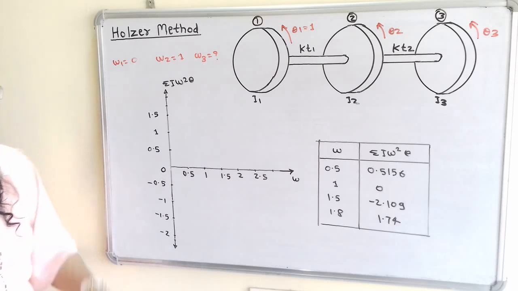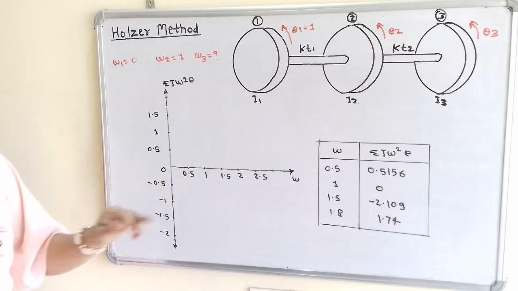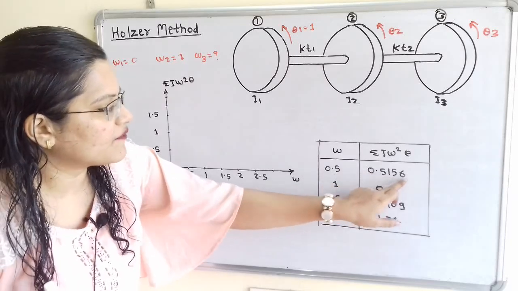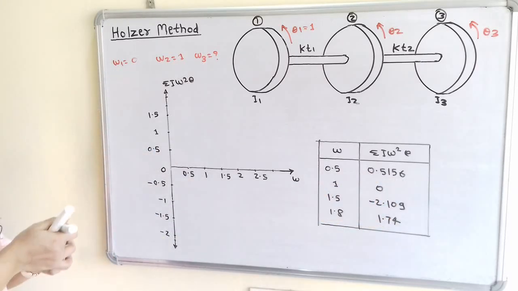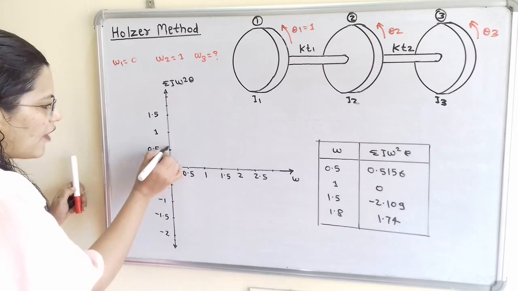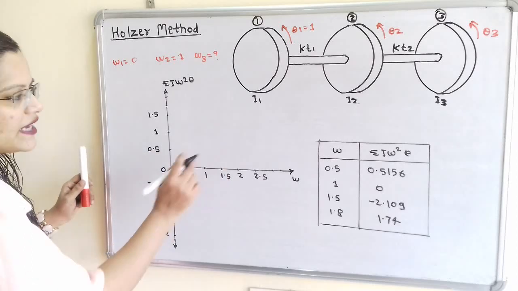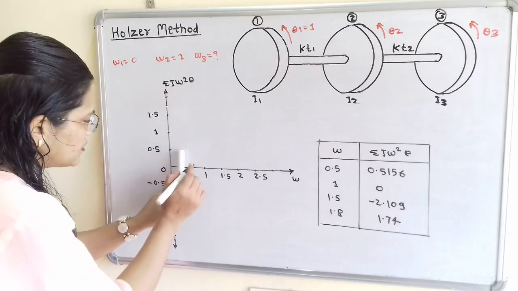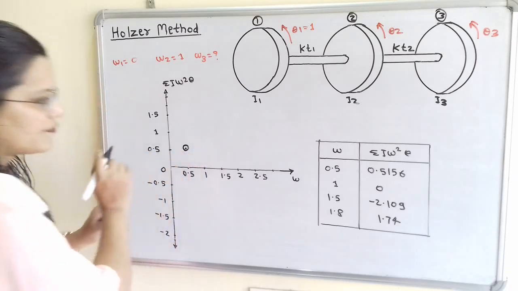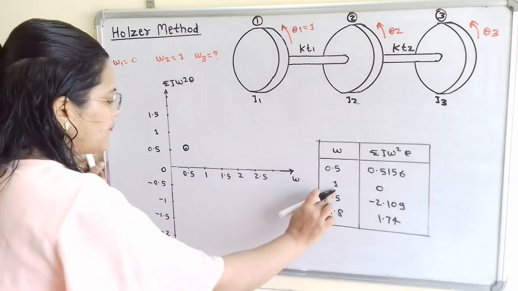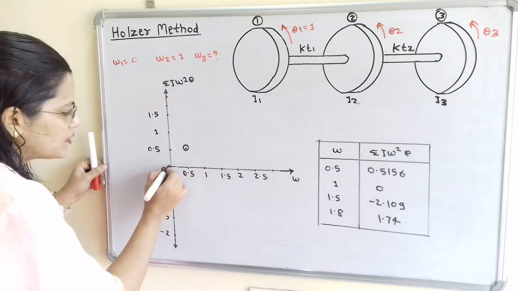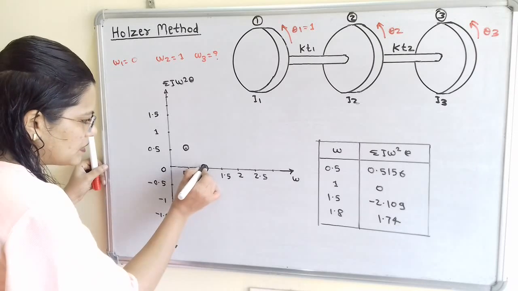Now we will plot the points. For 0.5 it is plus 0.5156. Here is 0.5 and here is 0.5, so after some distance we take 0.5156, and I will plot one point here. Then for frequency 1 it is 0. Here is 1 and the summation of I omega square theta is 0, so the second point is here.